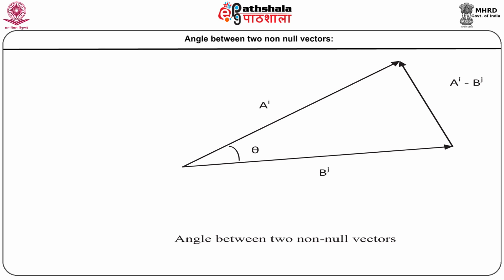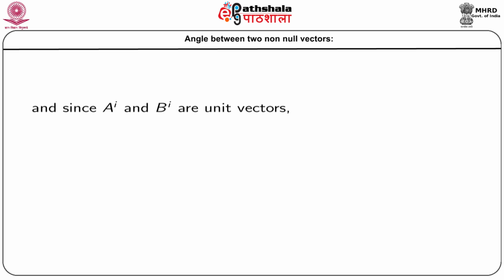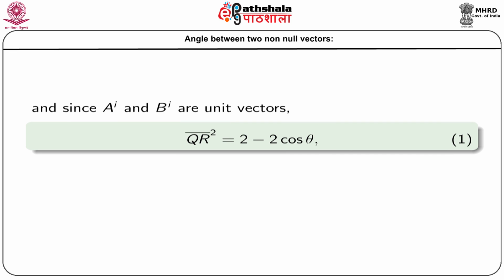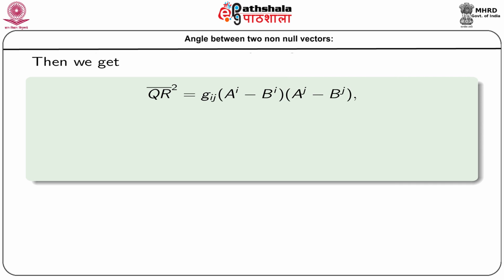We can see from this figure that in this PQR triangle the above relation holds. Since a^i and b^i are unit vectors, QR² = 2 − 2 cos θ. From the earlier figure, the components of the vector joining R with Q are a^i − b^i.